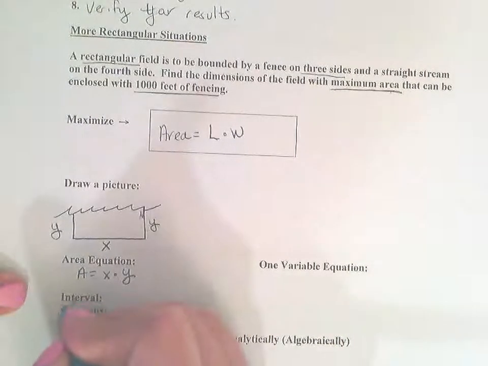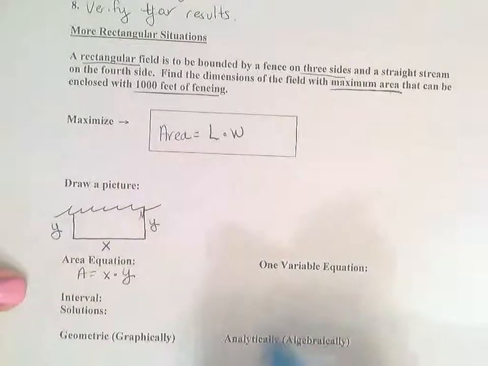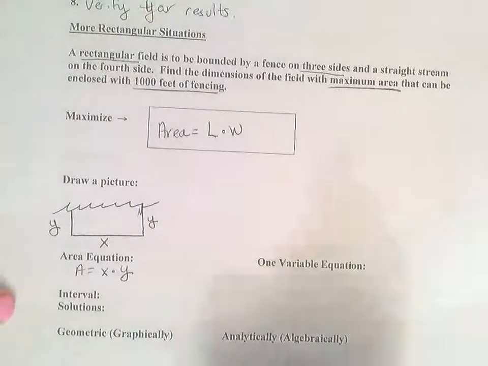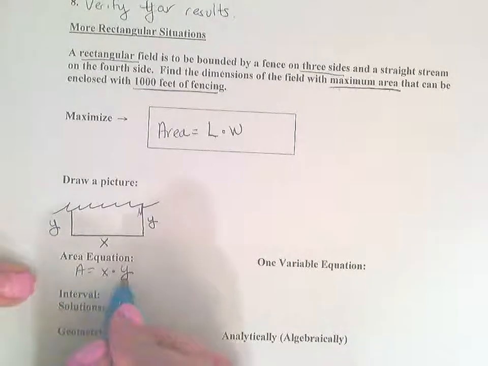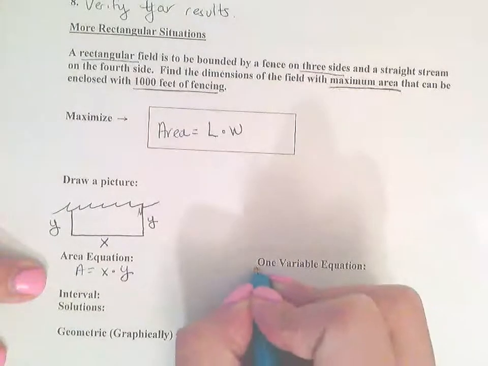Now, I kind of don't use this, but let's solve it. What was our side equation? Our area equation is this. This is what we want to maximize. Now the information that they give us that's extra is so that we can end up with our one variable.